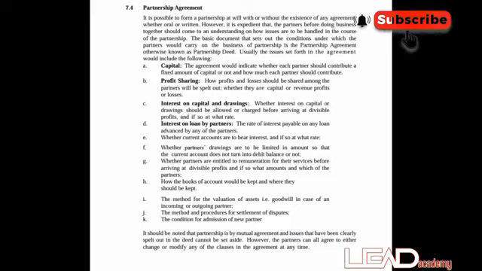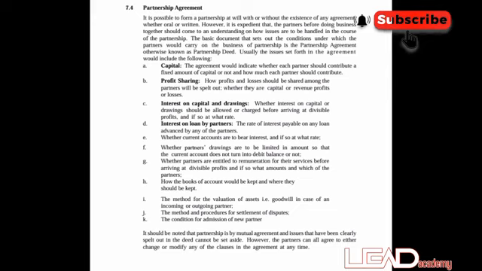So now let's dive into formation of partnership. For a partnership to be formed, they need to register the business name with the Corporate Affairs Commission of Nigeria. In registering a partnership business, the form which the Corporate Affairs Commission will issue to the partners must have the name of the partnership.